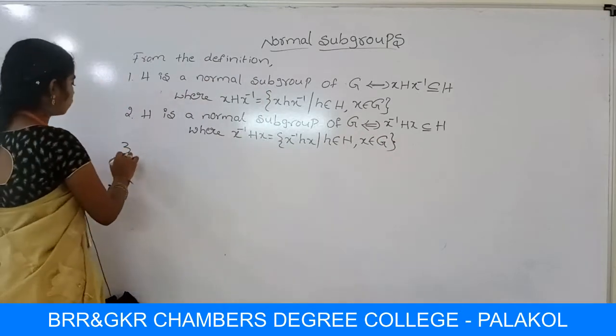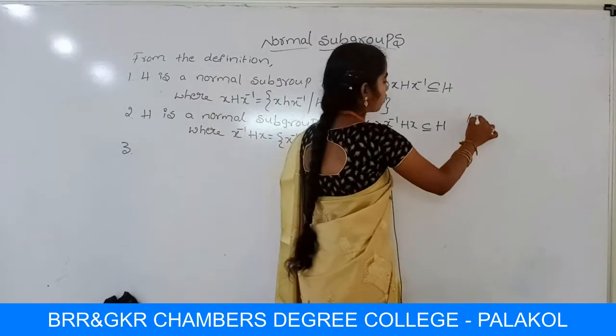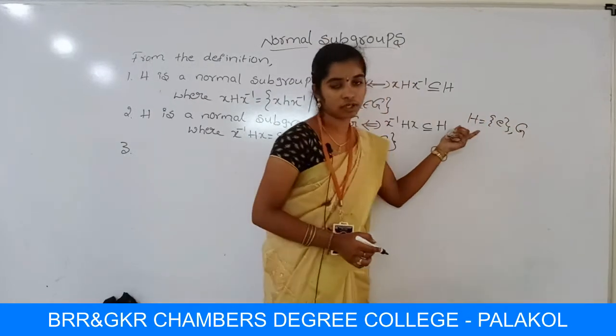So third one, already you know the improper trivial subgroups: H equal to singleton {e} and Z are called improper trivial subgroups.